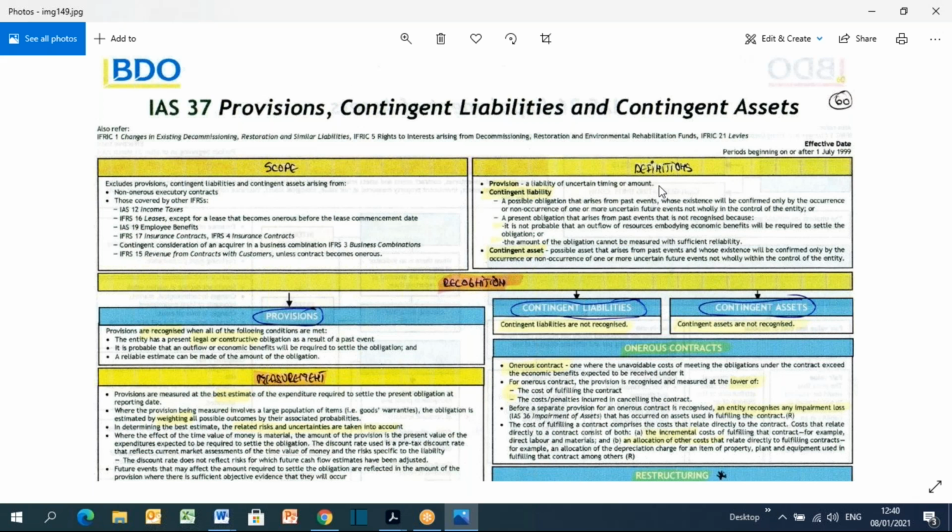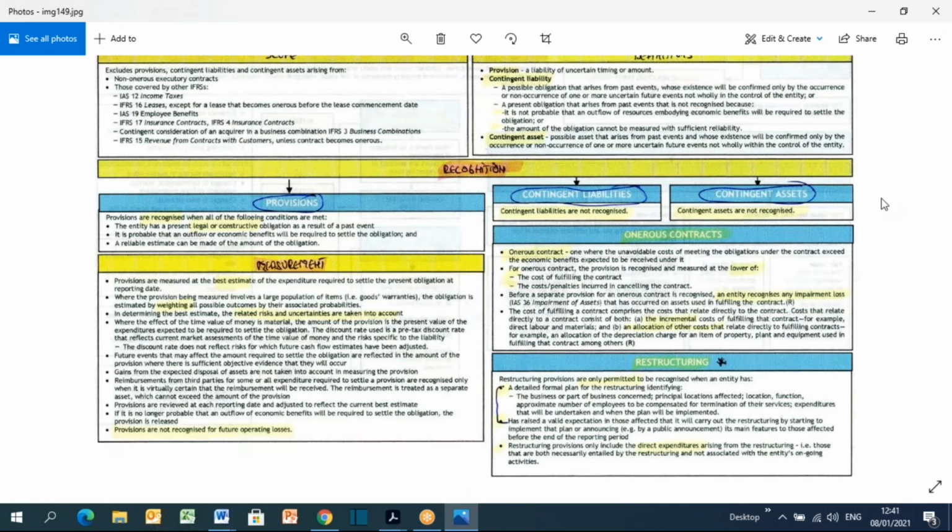Always remember that when you put down the definition of an asset, liability, provision, income and expense, or any other financial terms, you should use the definitions given in the new conceptual framework. Again, contingent liabilities are not recognized, and contingent assets are not recognized unless they are virtually certain. So you should know this from your knowledge.